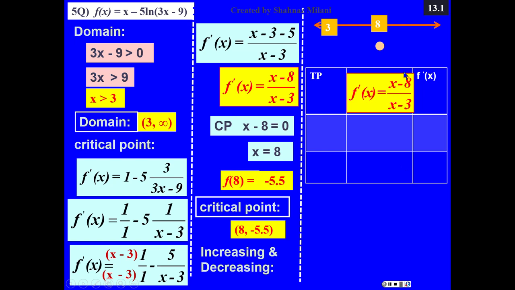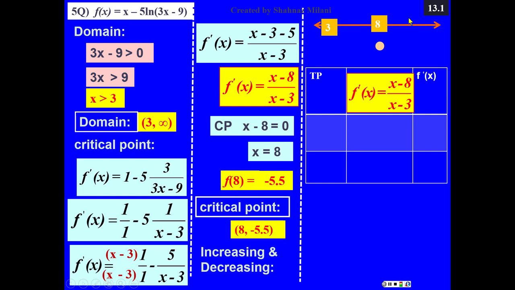To find the testing points, you look at your critical point. I have just one critical point. If I have one critical point, that means I'm going to have two testing numbers: one number on the left side of the critical point and one number on the right side of the critical point.